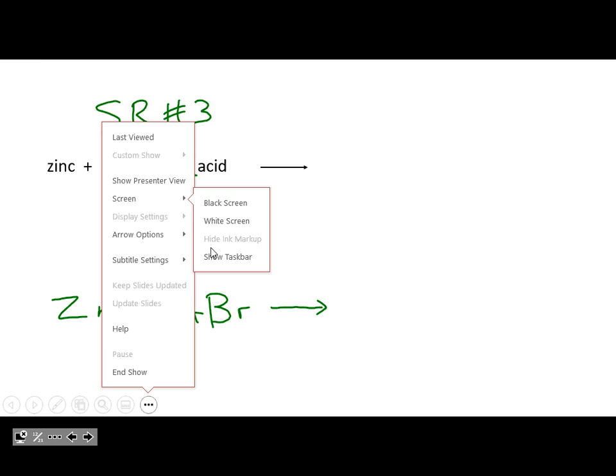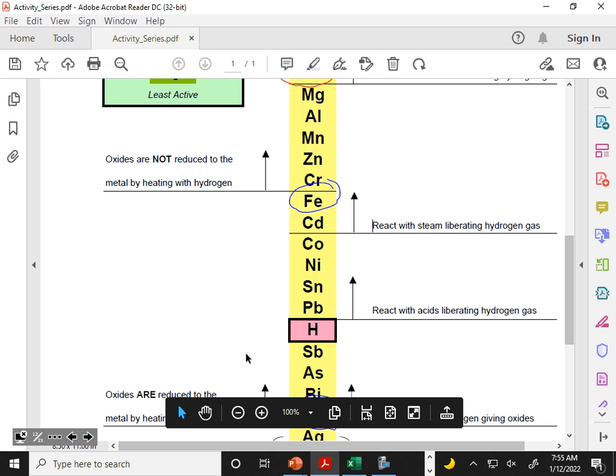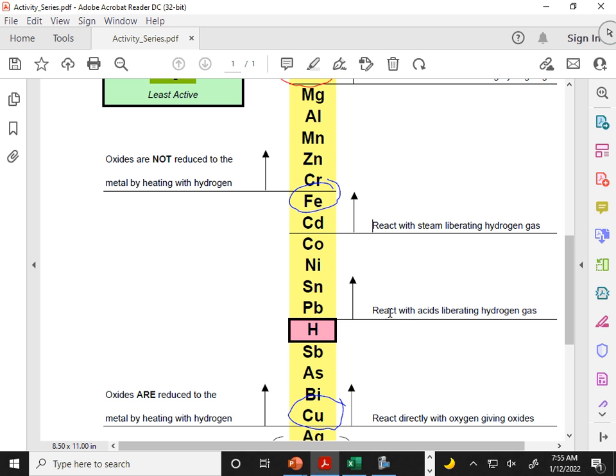So I find my activity series here on my taskbar, and right here is the line above the H. Reacts with acids liberating hydrogen gas. Well, that's the line right there I need for a single replacement number 3. So I have to determine, what was my metal? Zinc? Okay. Is zinc above that line? Absolutely. Zinc's all the way up here.